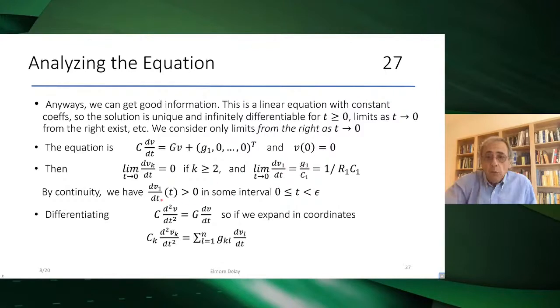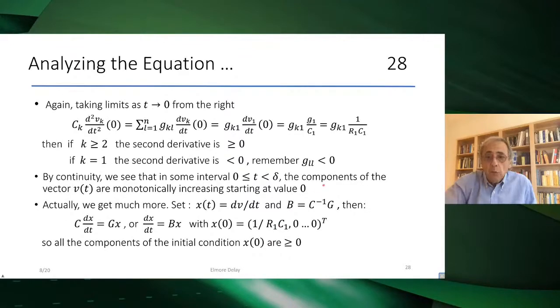you get that this voltage dV1, at least as T is bigger than 0, is 0 a little bit. The others we don't know. Of course, we expect that the derivatives are going to be growing because the voltage is rising, but let's try to prove that. If we take the second derivative and we keep going, we get that in coordinates, and that tells you that the second derivative, taking the limit from the right, is positive.